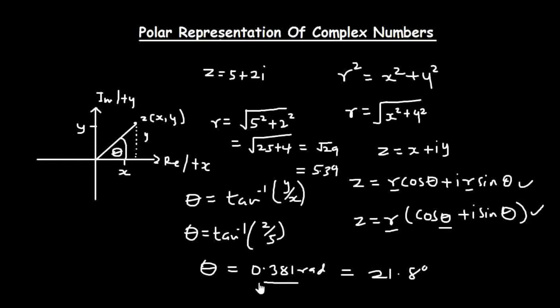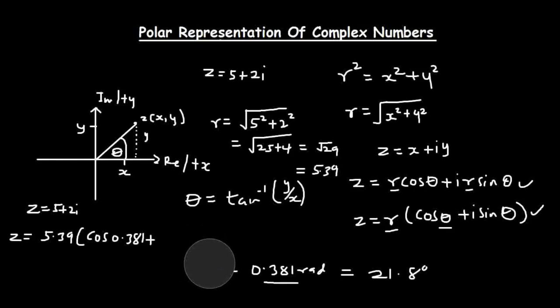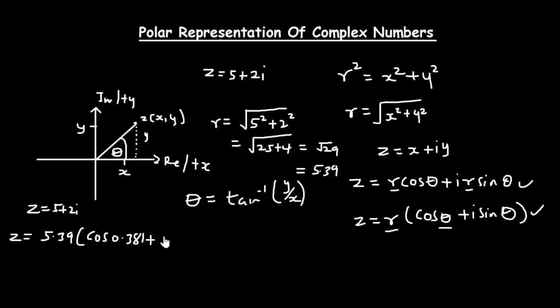So now we know theta and we know the modulus also. Let's come back to this formula here. You can write the complex number z, which is equal to 5 plus 2i, in polar form as z equals r, which is 5.39, multiplying cosine of the argument, which is 0.381, so cosine of 0.381, plus i sine of that same angle, 0.381.